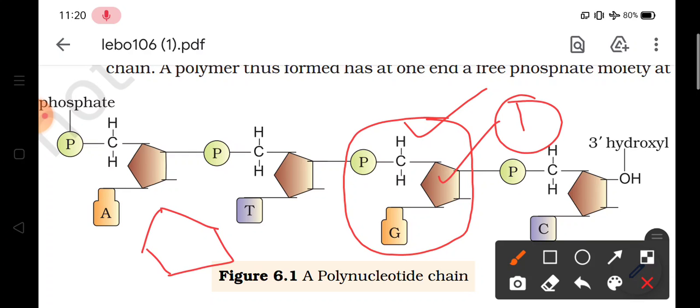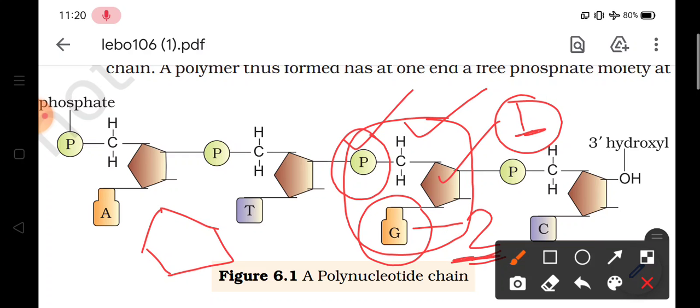Then what is the second thing present? G is written here. This G is a nitrogenous base, and P is written here. P is the phosphate group. So what we are able to see here is that a nucleotide has 3 components: pentose sugar, this one, then nitrogenous base, and third is the phosphate group.